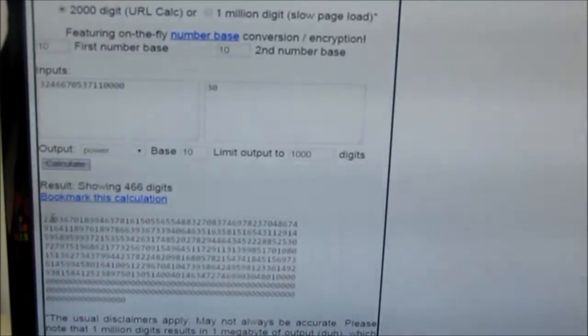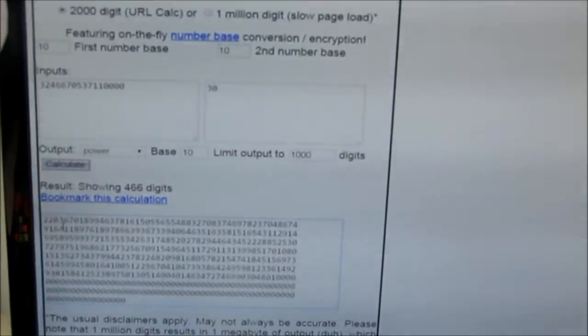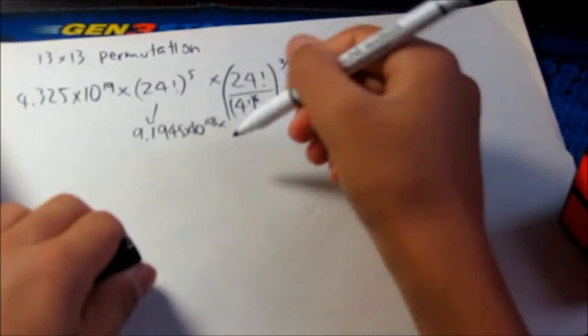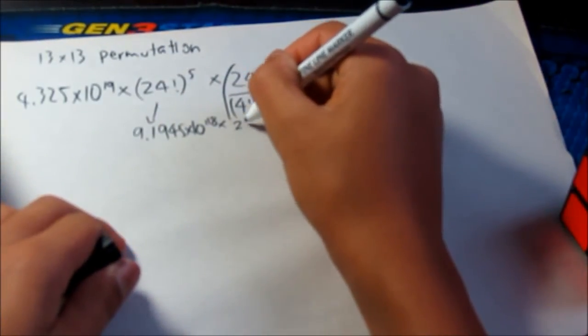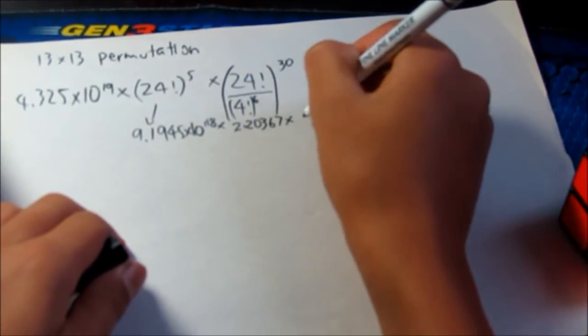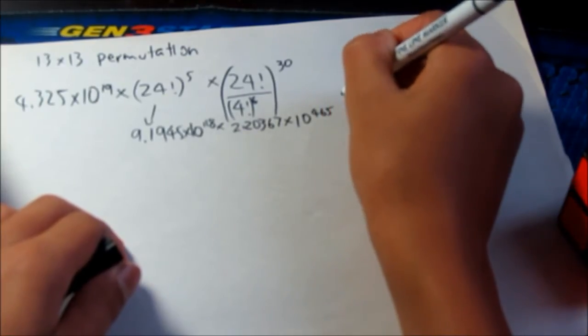Then you'll get this number, 2.20367 times 10 to the 465.